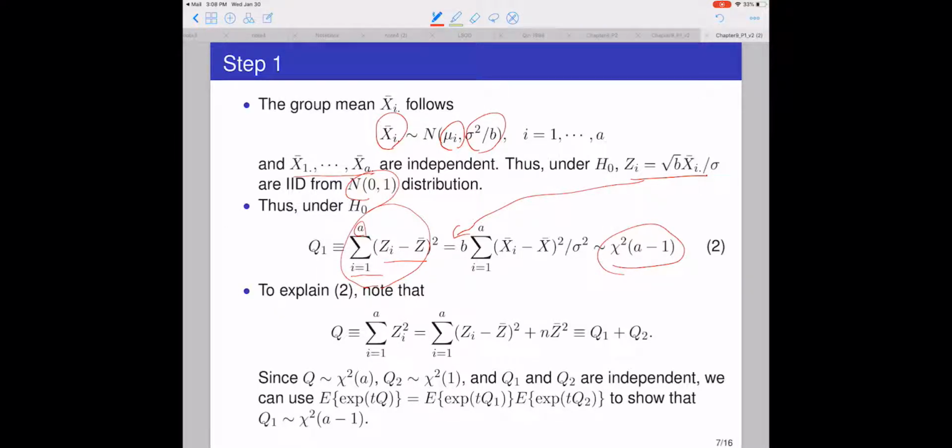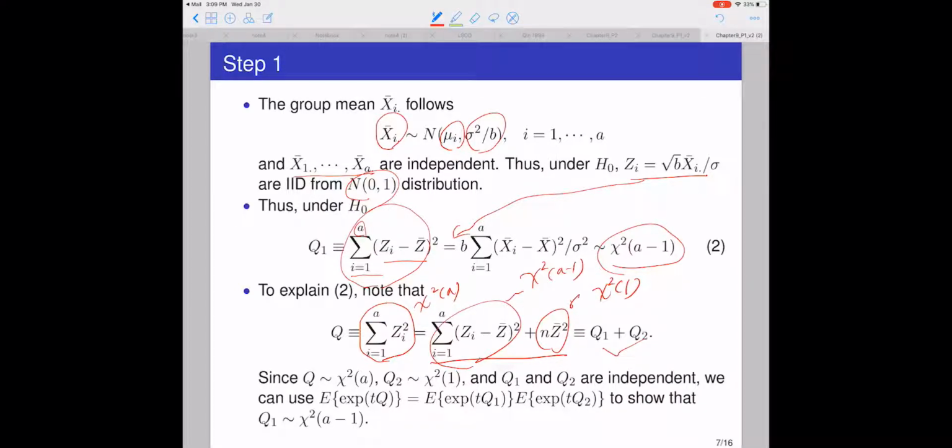Why? Because we know that this one is chi-square A, right? And with some algebra, this one is chi-square 1, and it turns out that this one is chi-square A minus 1 if the two terms are independent.